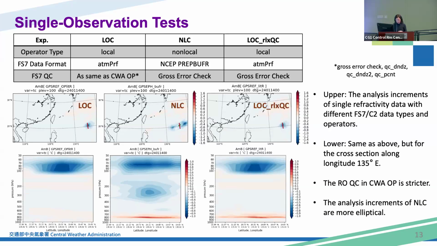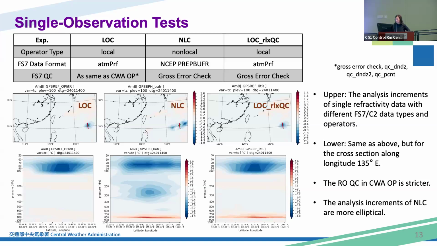Because the non-local run only uses the gross error check, we made another test using the local operator with relaxed QC criteria, which means we only use the gross error check.